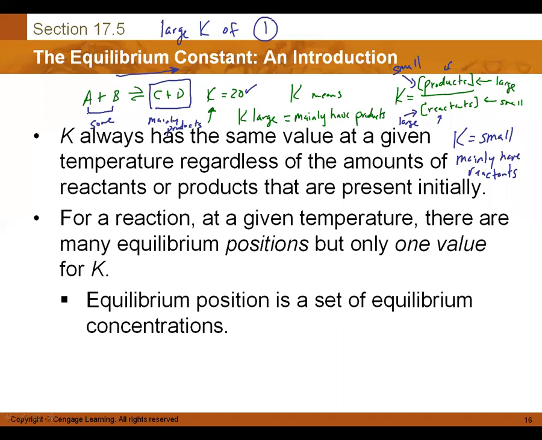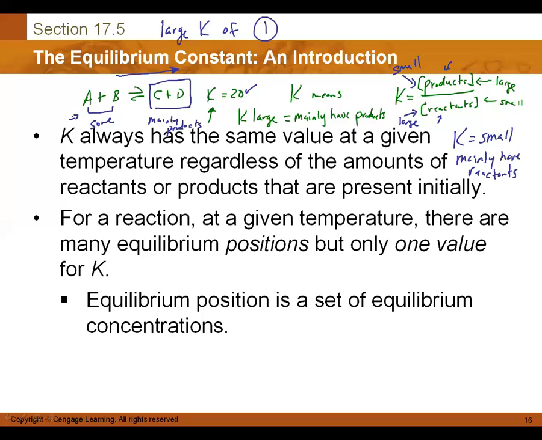But even in that case, you would still technically have a very, very small amount of the reactants at equilibrium.